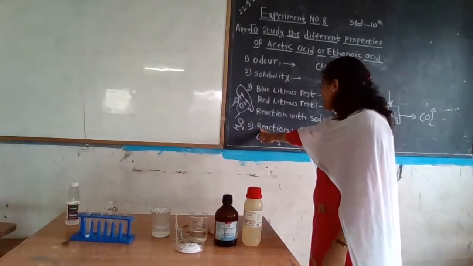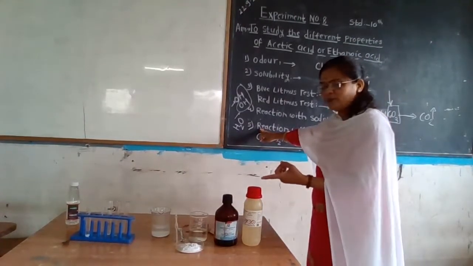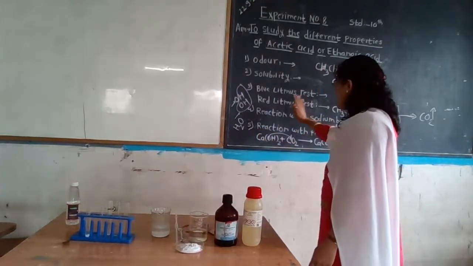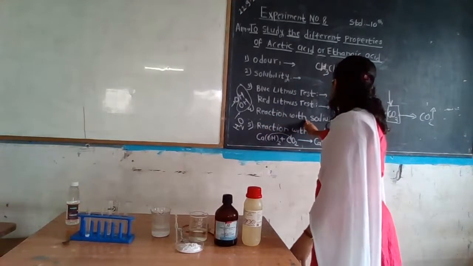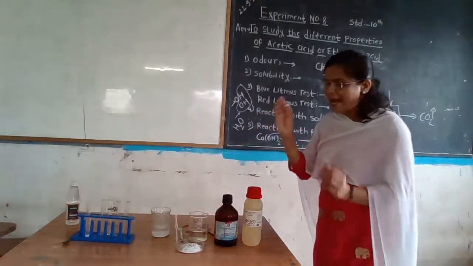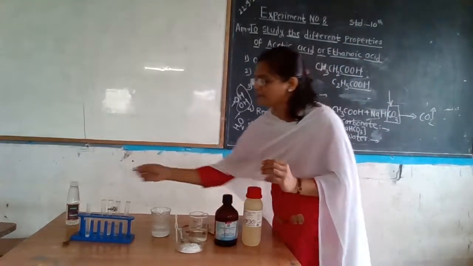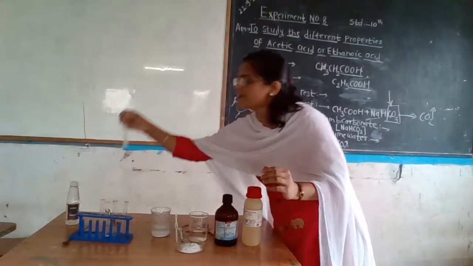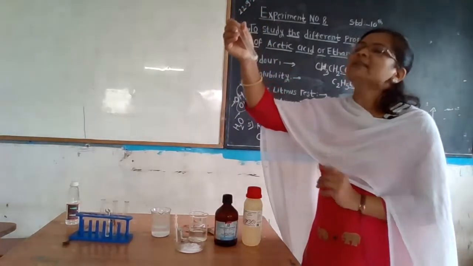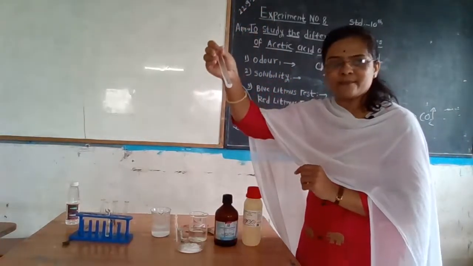And the last chemical reaction we have done is the reaction with fresh lime water. In the fourth chemical reaction carbon dioxide is evolved, and when that carbon dioxide gas is passed through the freshly prepared lime water, the lime water turns milky.